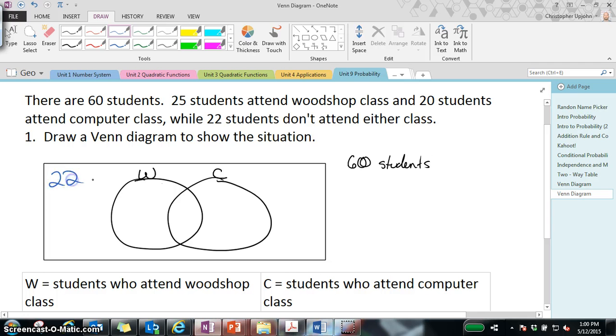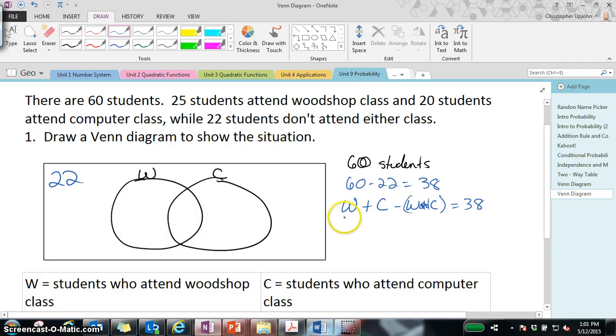There's something outside. 60 minus 22 equals what these two circles add up to. So that's 38. Let's not do probability. Let's talk about it as W plus C minus the overlap, and together that's 38, because we don't know where they intersect.